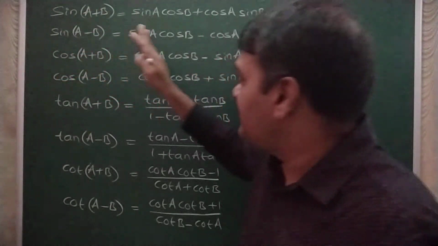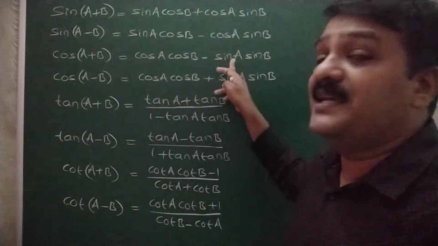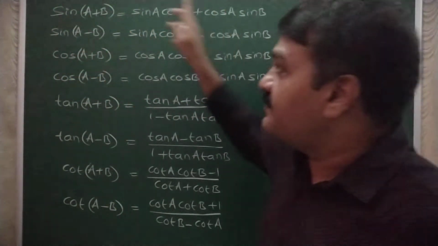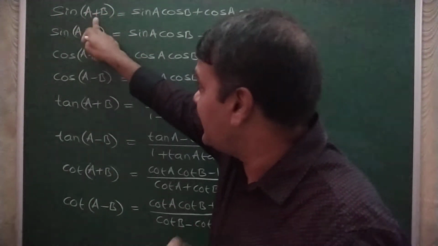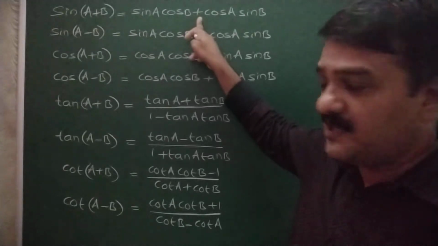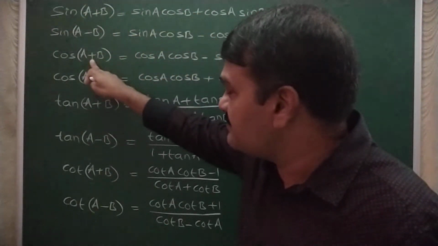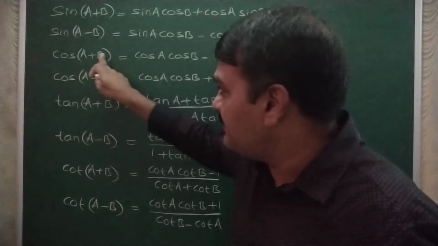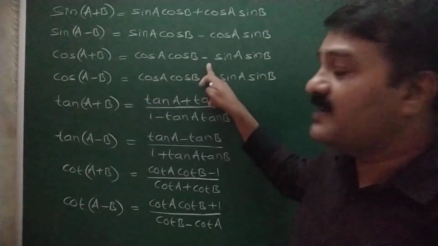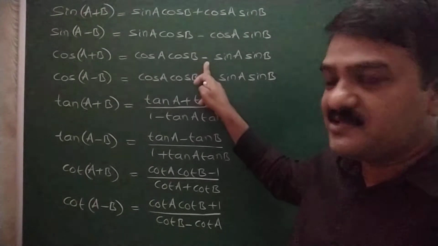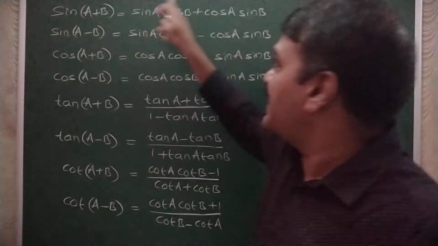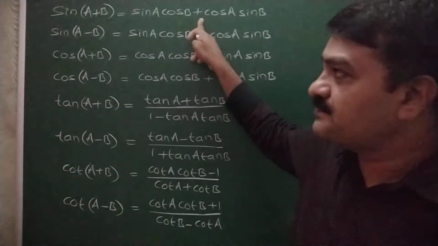Cos A plus B is cos A cos B minus sin A sin B. For sine of A plus B, whatever sign we have between the angles, the same comes in the formula. But for cos A plus B, plus is the sign between the angles, but in the formula we have minus. The opposite sign we have for cos A plus B. The same sign we have for sine of A plus B.